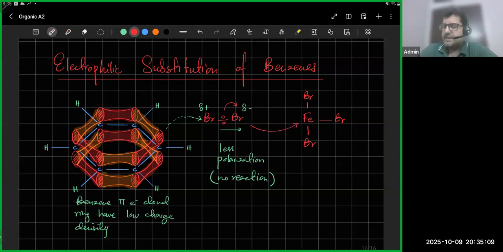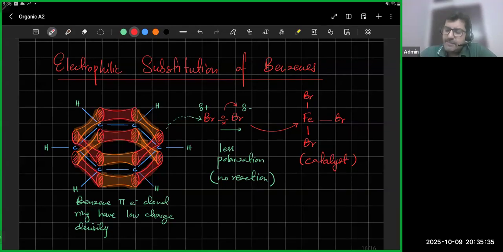So what's going to happen is that this catalyst that you added started to attract electrons from the other side. ठीक है, उसने दूसरी साइड से it started attracting electrons from the other side.